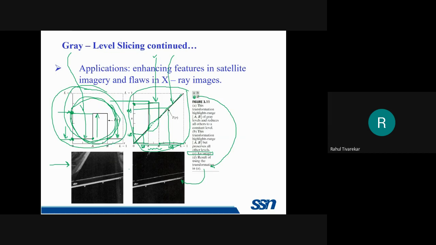So as you can see, only the gray level intensities of these two horizontal lines are highlighted, and the intensities which are less than A or greater than B literally disappear. You can see there are no intensities available here. They are only a dark blackish color.